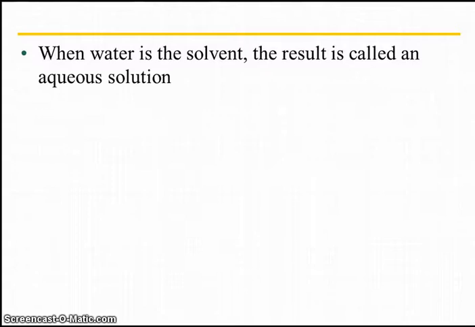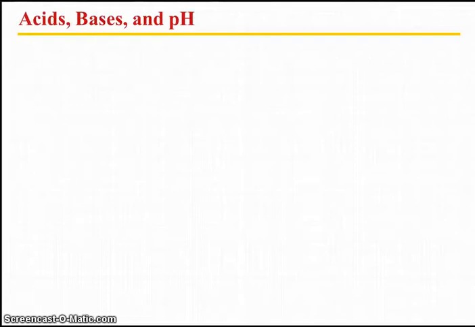And then anytime you have water as a solvent, the result is what's called an aqueous solution. Aqua, water. It's water-based. Next, we're going to talk about pH. And this topic can be pretty confusing to people, but it all has to do with the amount of hydrogen ions in your solution, like in your aqueous substance, like in your blood.